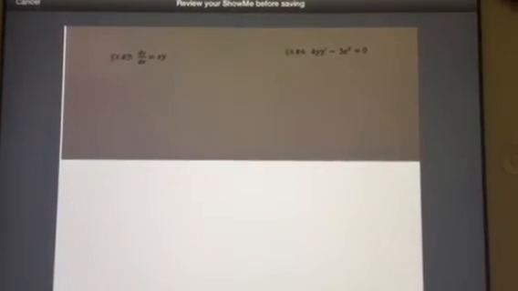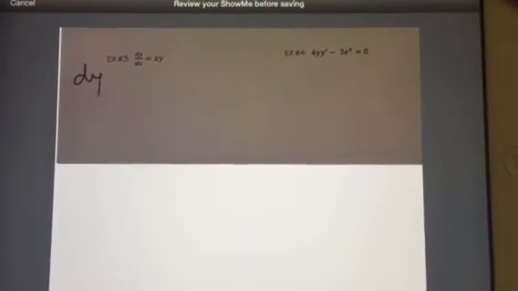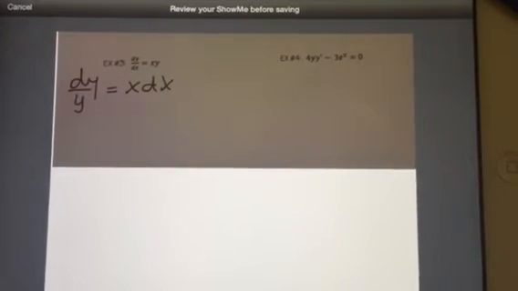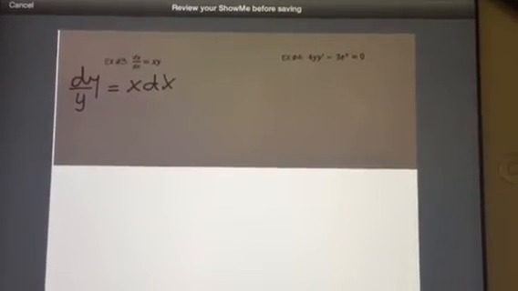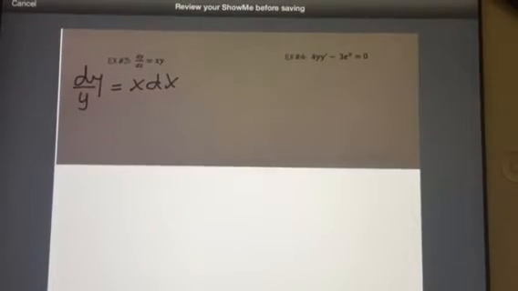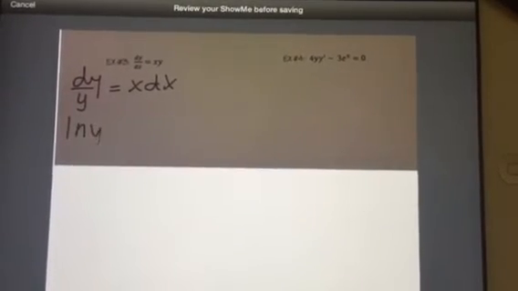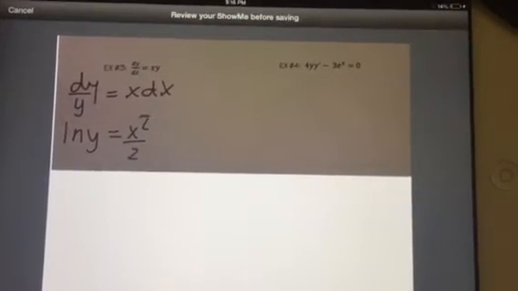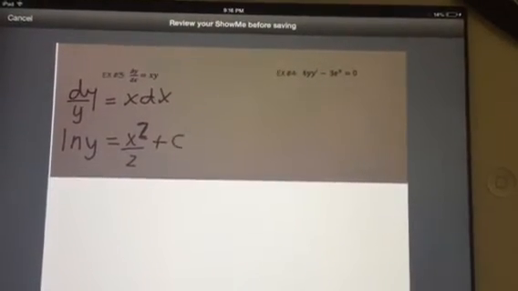For our next example, we're going to divide by y and send dx to the other side. So we'll have dy over y equal to x dx. Integrate both sides. So we have 1 over y, which is ln of y, equal to x squared over 2 plus c.